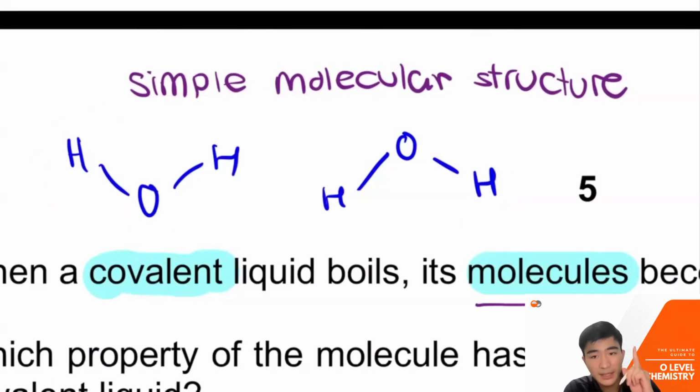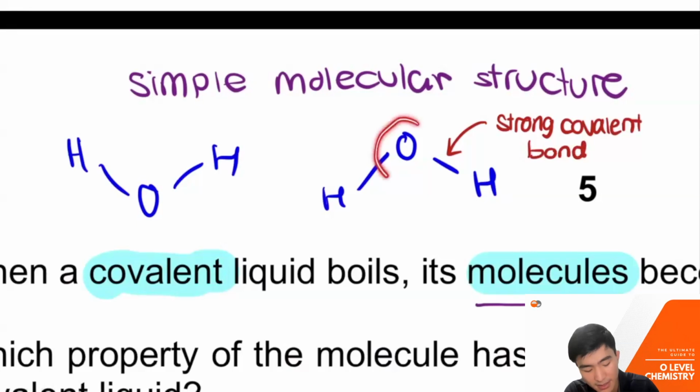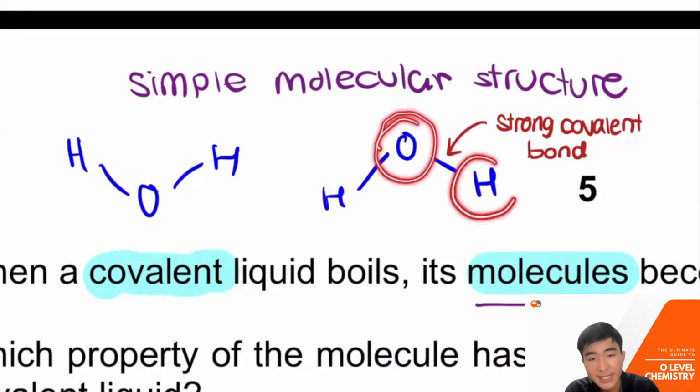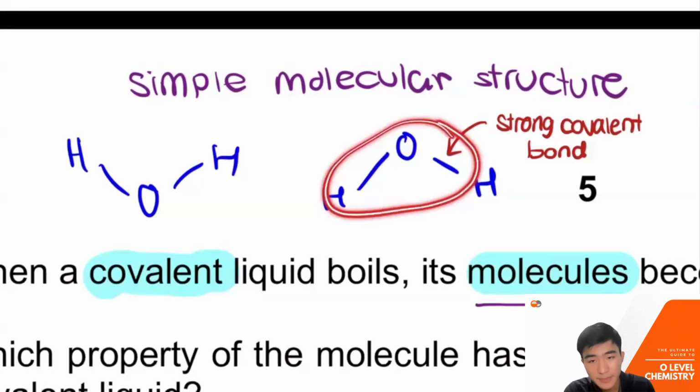Between the O and the H, there exists a strong covalent bond, because it is between an atom and its neighboring atom. They form strong covalent bonds between the atoms within the molecule.